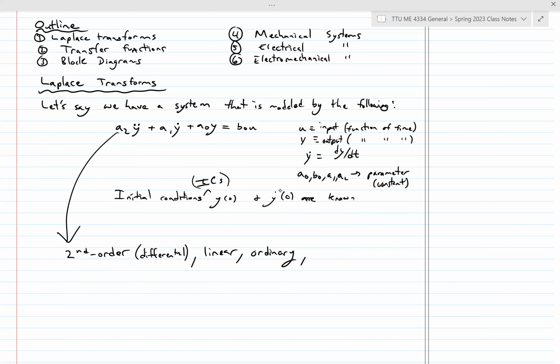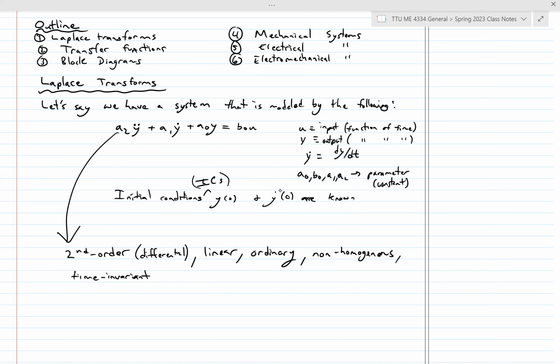Homogeneous. And then in the chat, the way that I would define this is it's not time variant. This is time invariant. Time variant is if our parameters were to vary with time, the things that are multiplied by either u or y.